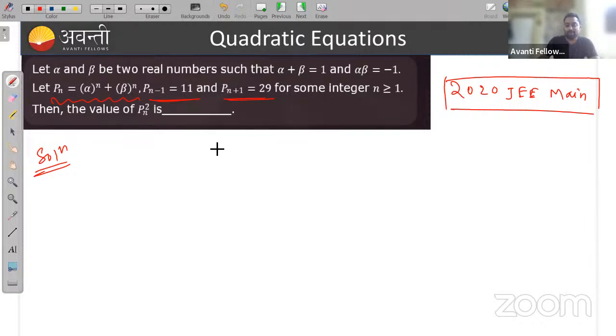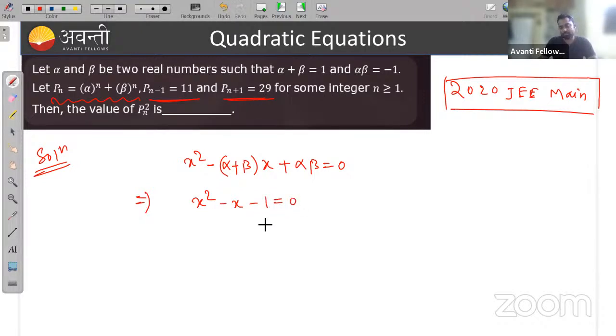So the quadratic equation will be x square minus sum of roots into x, so alpha plus beta into x, plus product of roots is equal to 0. This is my quadratic equation. So my new quadratic equation will be x square minus x minus 1 is equal to 0, right?